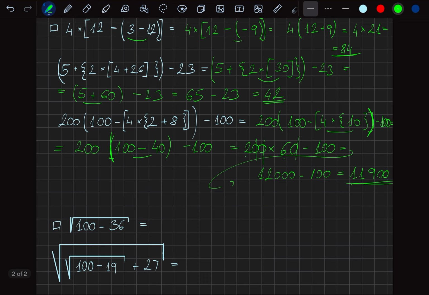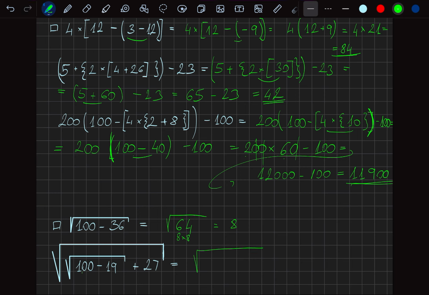Okay, last one, just some roots. 100 minus 36, it's 64, and 64 we know it's 8 times 8, so square root of 64, it's 8. Square root of 100 minus 19 plus 27, yes.